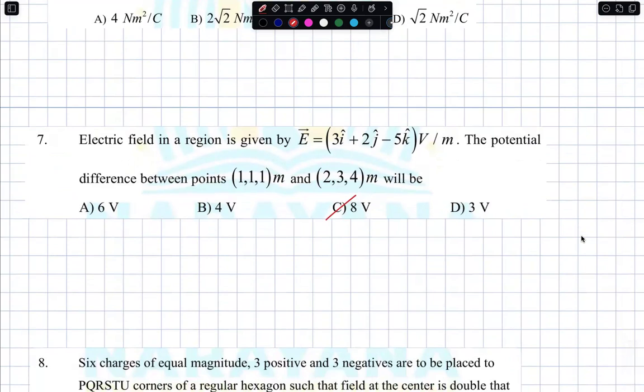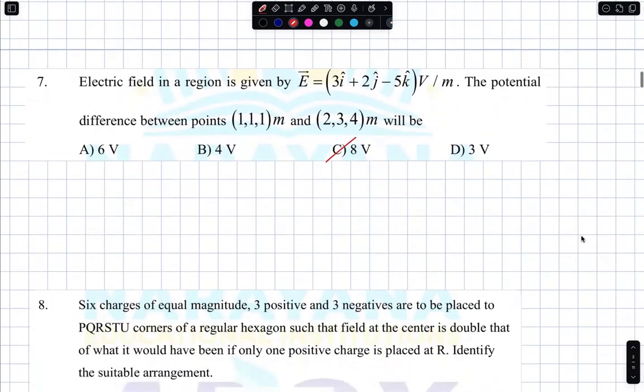Then seventh question. Seventh question, you will have the situation like this. You have an electric field in a region given by so and so, a uniform electric field actually. Very simple. You go with the E bar dot r bar. That is the expression for minus E bar dot r bar.